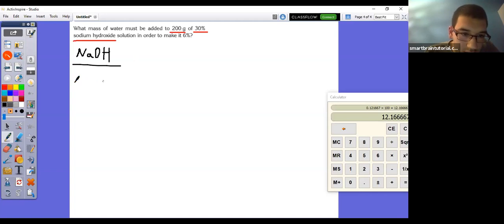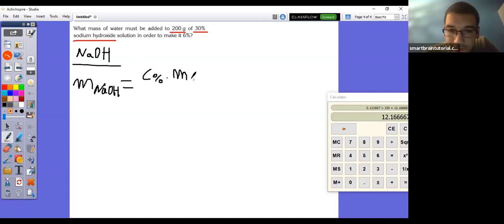The mass of solute will be percentage concentration times mass of solution over 100%.